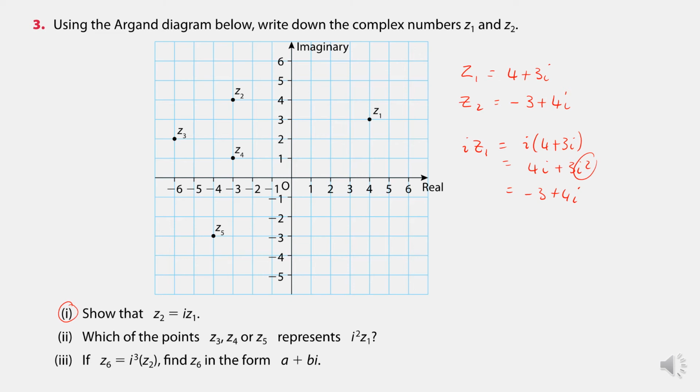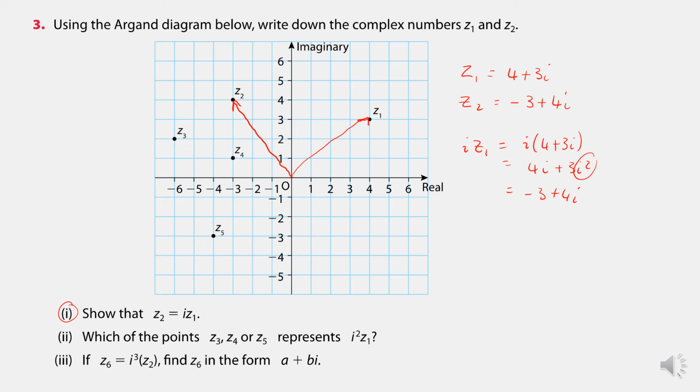Now how else might you have done it if you want to do it graphically? Well, multiplying by i rotates z1 by 90 degrees, doesn't it? And you would end up at z2. Now which of the points z3, z4 or z5 represents i squared z1?